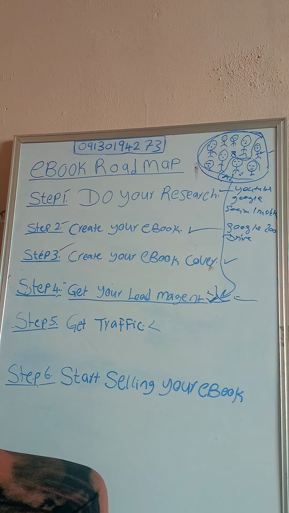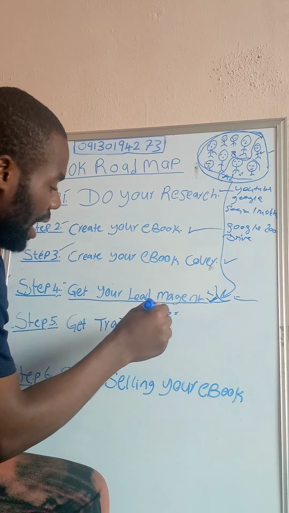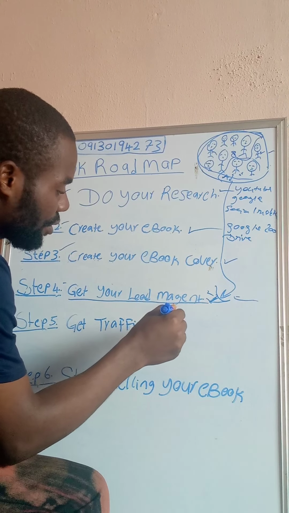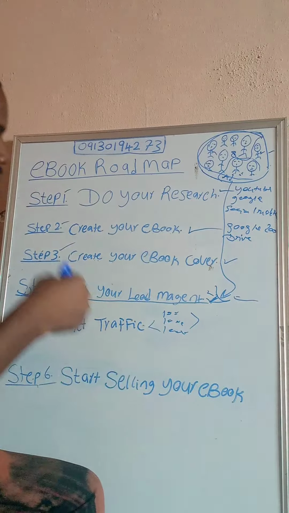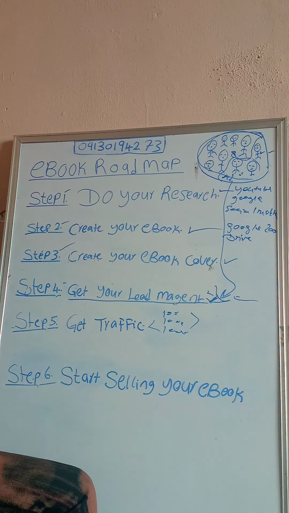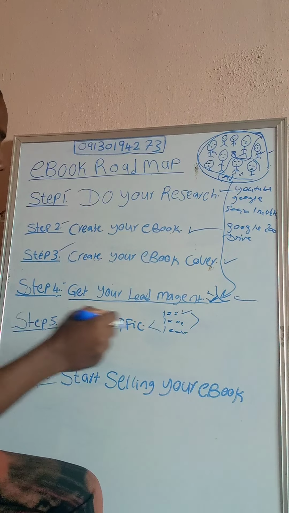Okay. Now, a lot of people have been complaining of not making sales, but the thing is that someone who is sending 100 people, someone who is sending 1,000 people, and someone who is sending 10,000 people to his or her WhatsApp contact or website every day, the amount of money they make will be different.